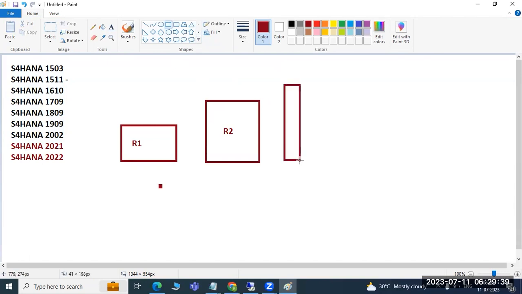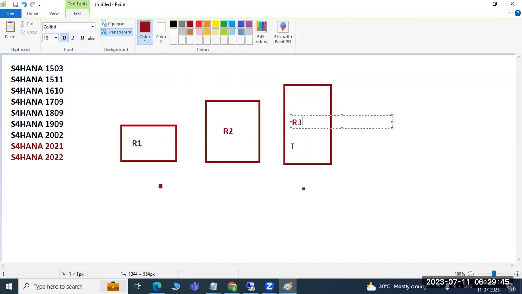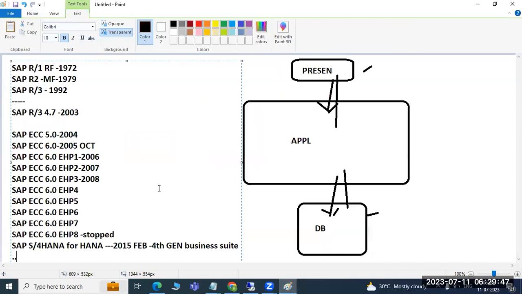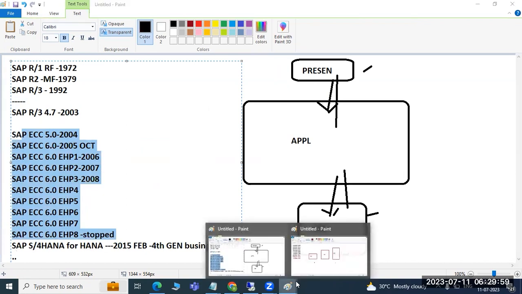After some time they changed it to ECC 5.0, 6.0. Now it's like the S4 architecture.